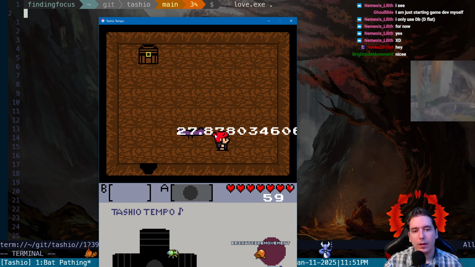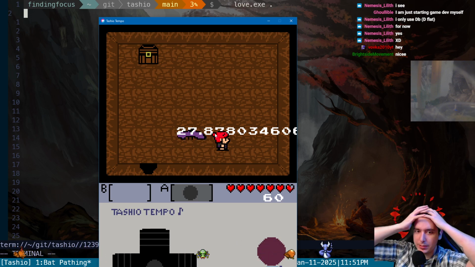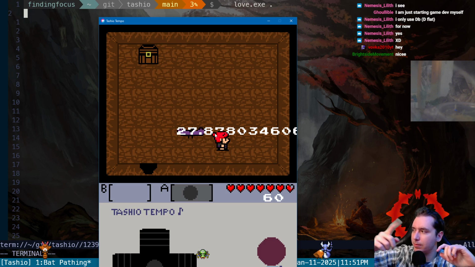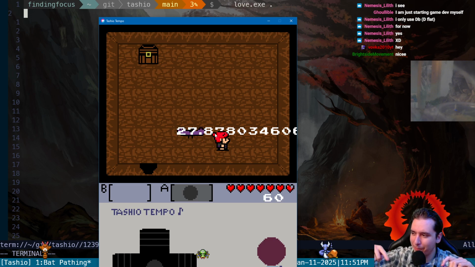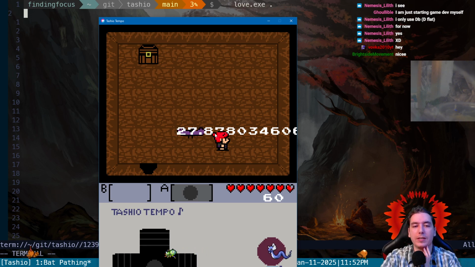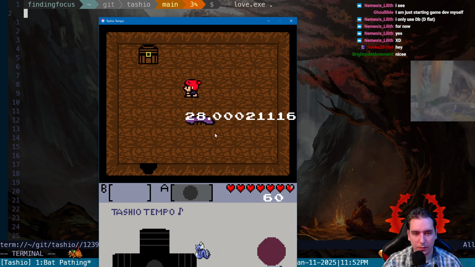So it's almost like we need to calculate distance to player from the right side of our bat if our player is on the left or on the right side of our bat. Because the distance to player depends on which side the player is of the bat.